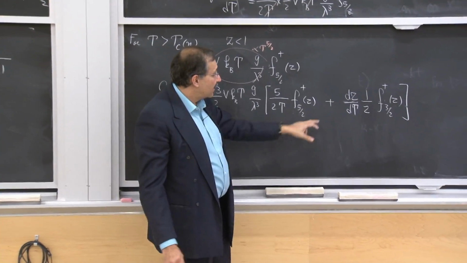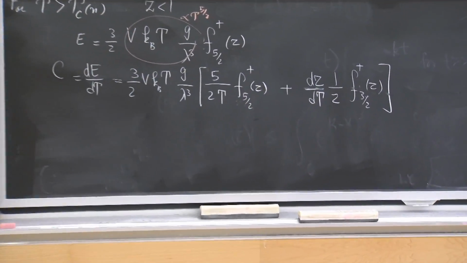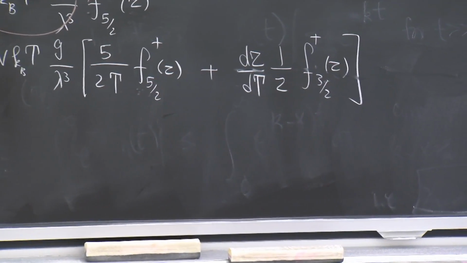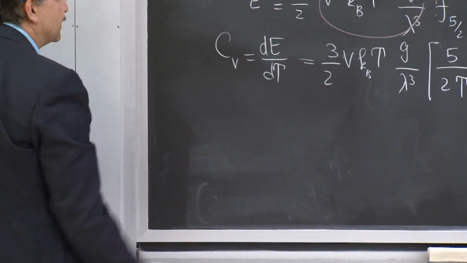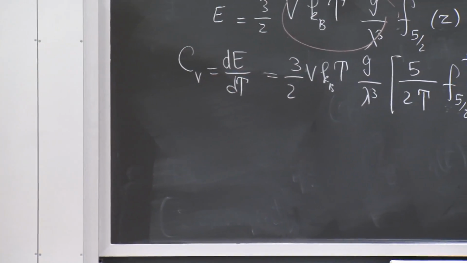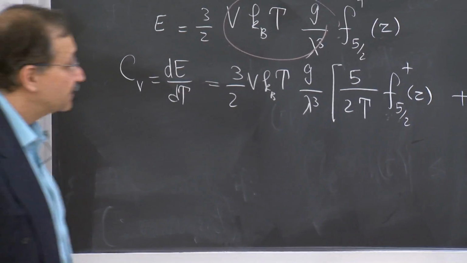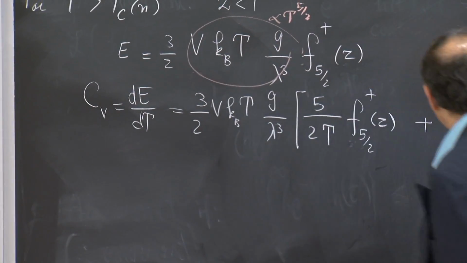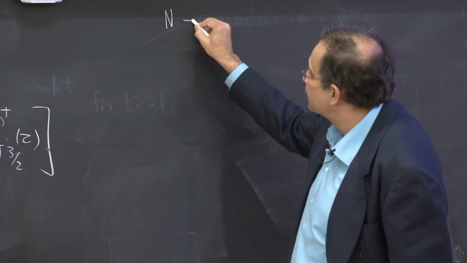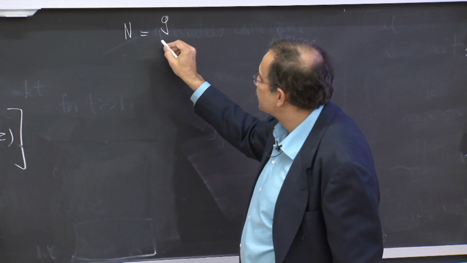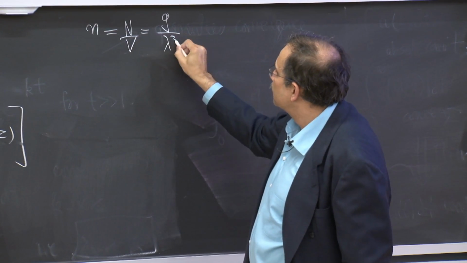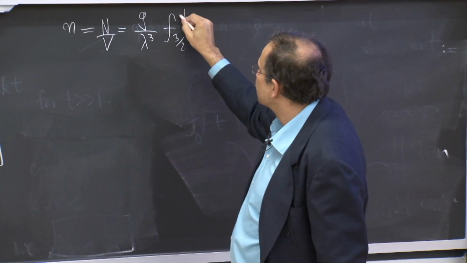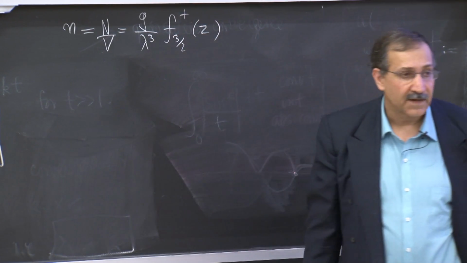Well, this next term, however, depends on dz/dT. How can I get that? Well, all of these things are done under the conditions where the volume is fixed, or the number of particles is fixed, so the density is fixed. So z and T are related through the formula that says N over V, which is the density, is g over lambda cubed times f_{3/2}^+(z).